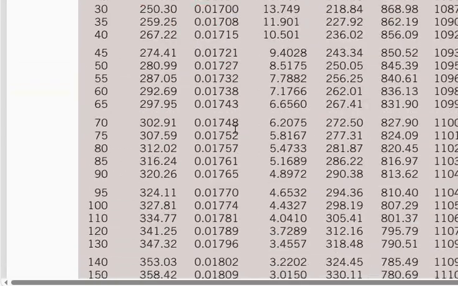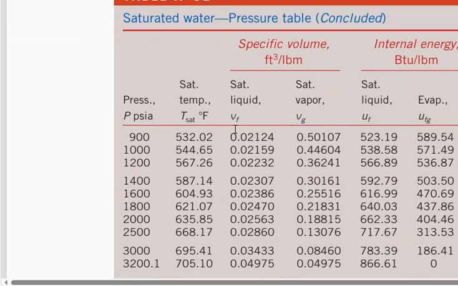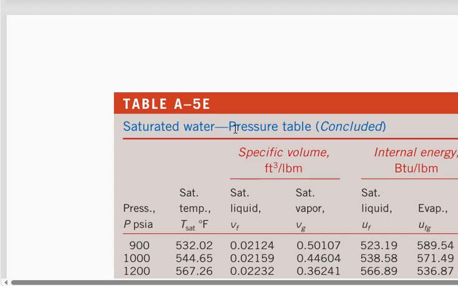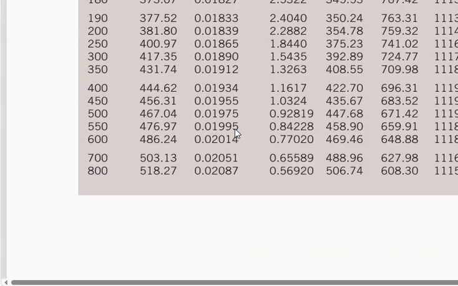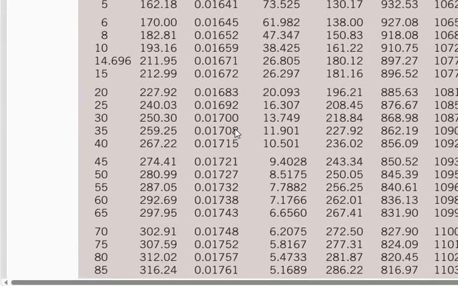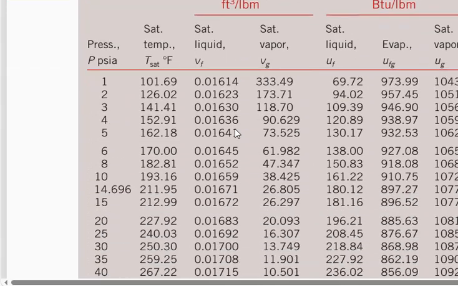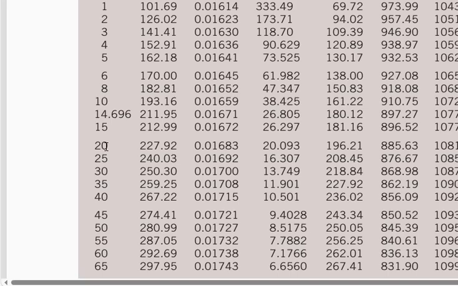Here we have the pressure we are looking at, 20 psia, and the saturation temperature is 227.92.